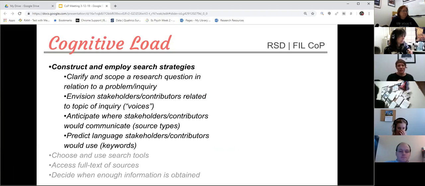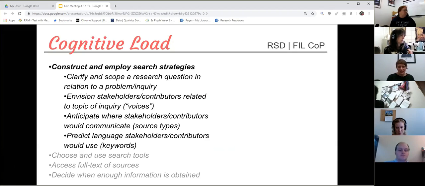You have to envision which contributors or stakeholders, which voices might relate to that topic of inquiry. You have to anticipate where those stakeholders would communicate, and you have to predict what language they would use in order to have that organized and be able to pull it out in something like a database. So that's just one of the tasks that we ask them to do.